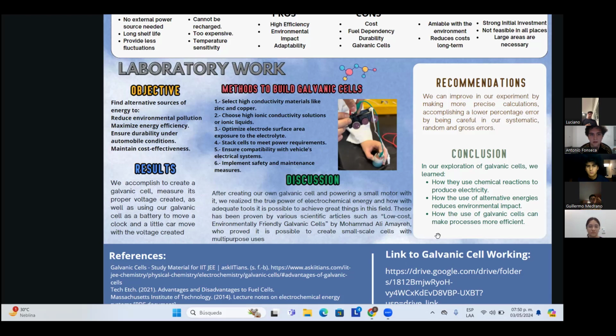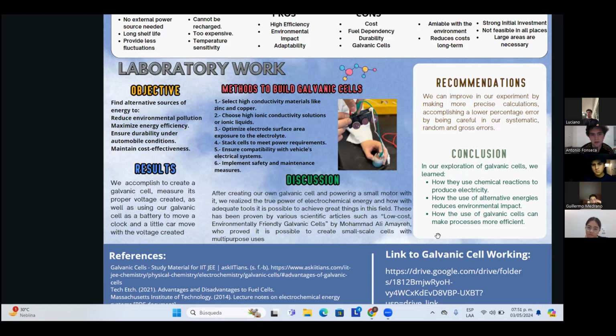The next step in the laboratory work is the methods to build galvanic cells. First, select high conductivity materials like zinc and copper, then choose high ionic conductivity solutions or ionic liquids in order to have a proper reaction in our galvanic cell. Then optimize the electrode surface area exposed to the electrolyte, and stack cells to meet power requirements.